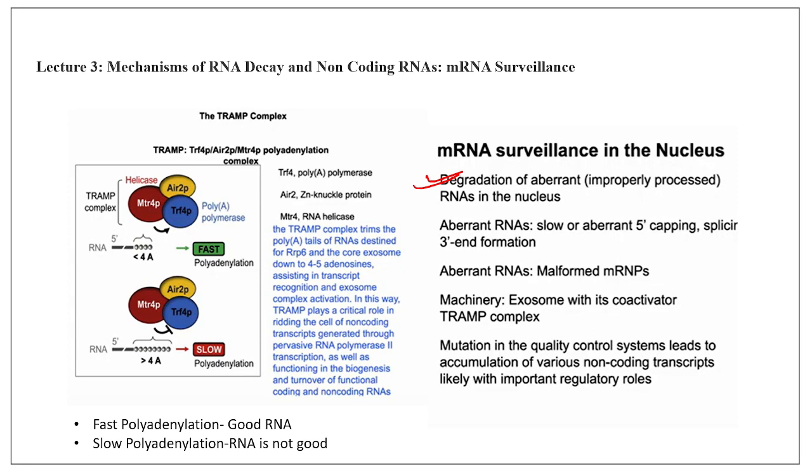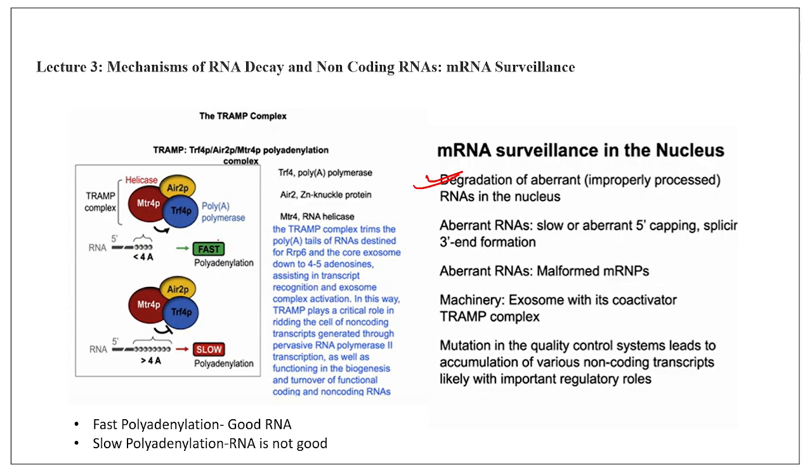You can see here, this is your TRAMP complex. The TRAMP complex comprises these three proteins. The TRAMP complex trims the poly A tails of RNAs which are destined for RRP6, which are destined for exosomes and the core exosomes.